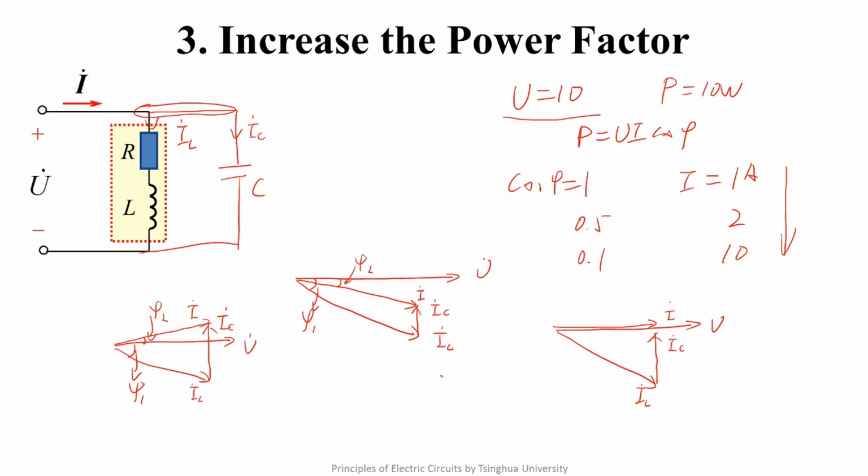But it should be noted that we often use such a way for increasing the power factor. That is, we choose a capacitance to make the power factor angle still lagging rather than compensate to the state of resistive or capacitive. Why? There are two reasons for this. The first is the cost of the capacitors.